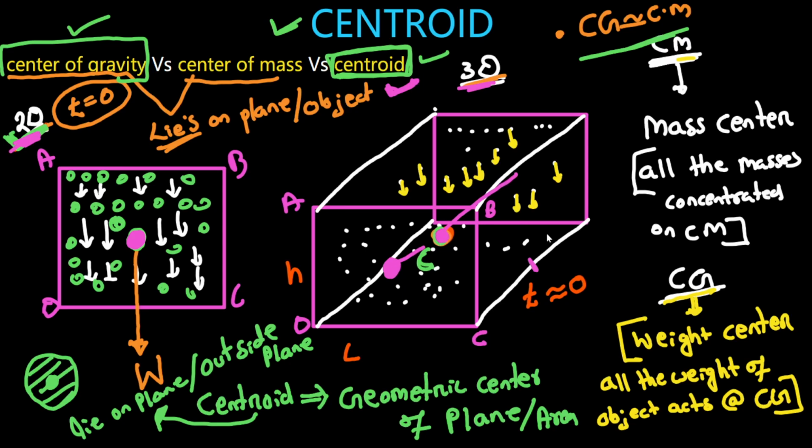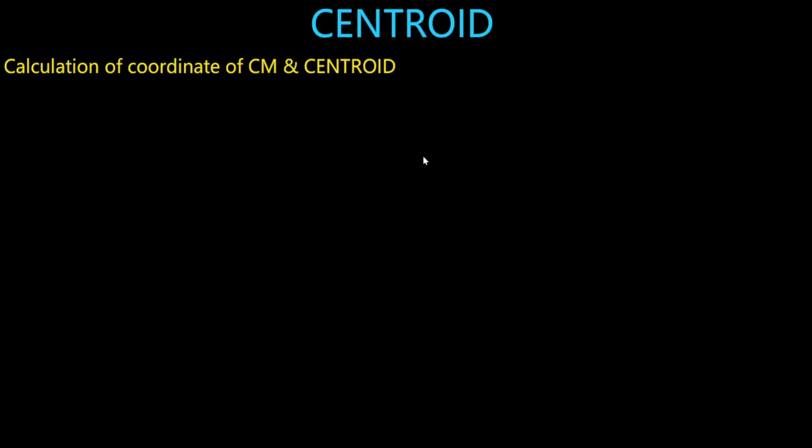Okay. Now we'll go for the calculation. See, calculation of center of mass or centroid, or say CG, whatever you say, CG for 2D. Okay, calculation of coordinates. What is the location of the center of mass, which is equal to centroid, which is equal to center of gravity for a 2D plane.